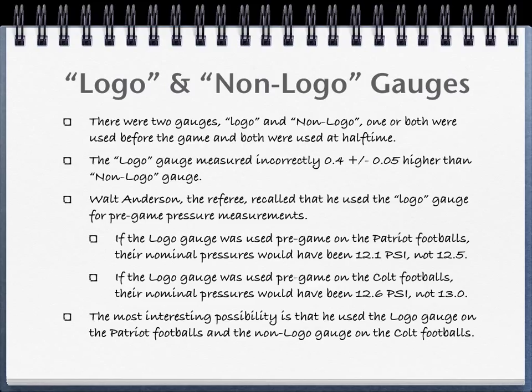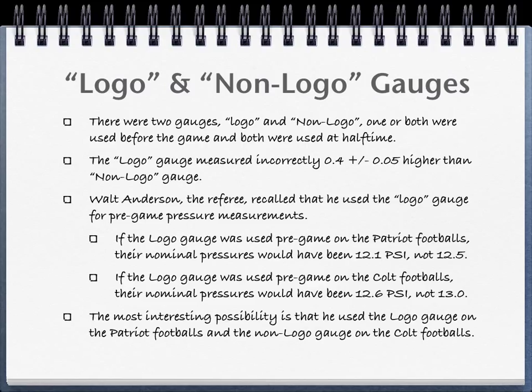The most interesting possibility is the logo gauge was used on the Patriot footballs and the non-logo gauge was used on the Colt footballs. That creates the widest spread in pressures between the Patriot and Colt footballs. Nominally, the Patriot footballs would be at 12.1 psi, and the Colt footballs would be 13.0.